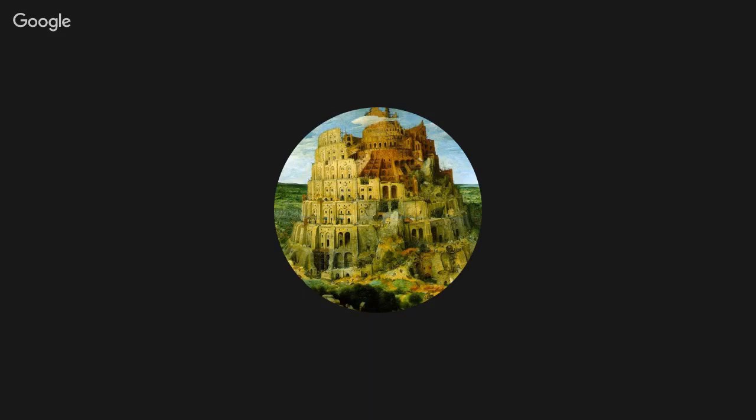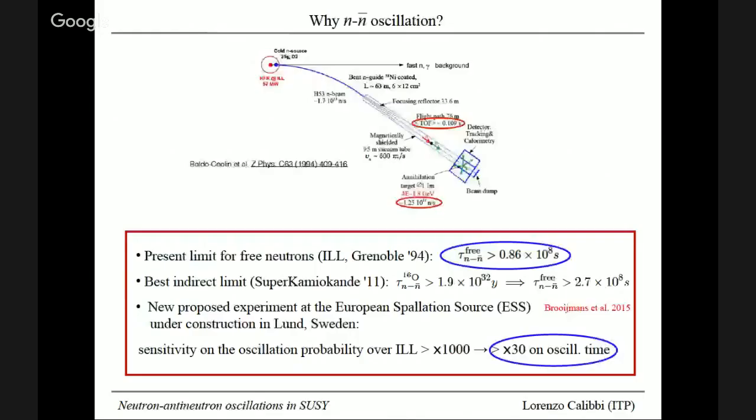But there's also a proposal to employ this source of intense neutron beams for new experiments on neutron to anti-neutron oscillations.